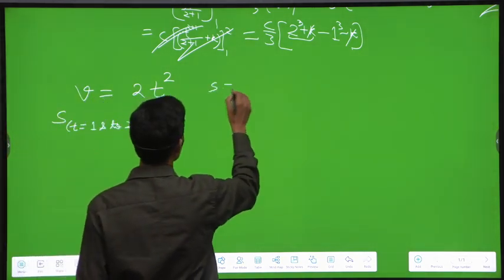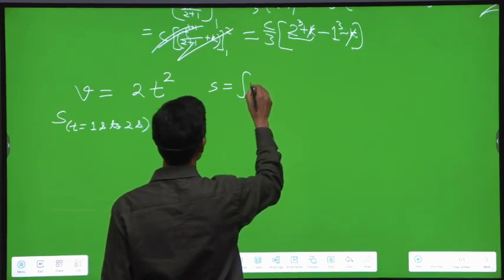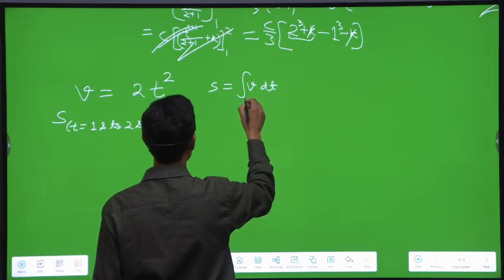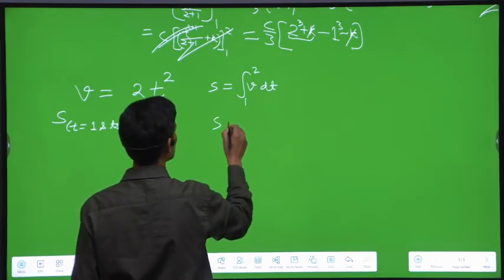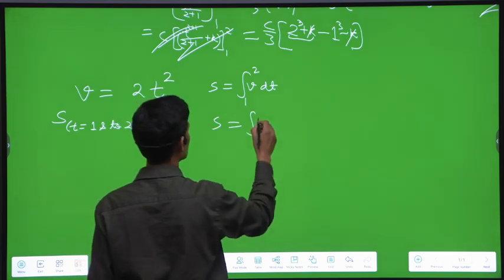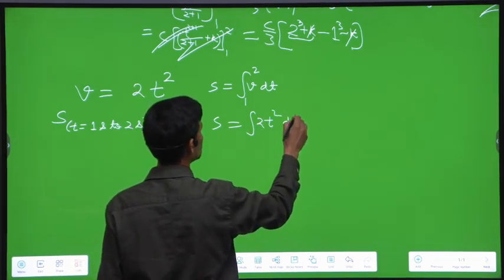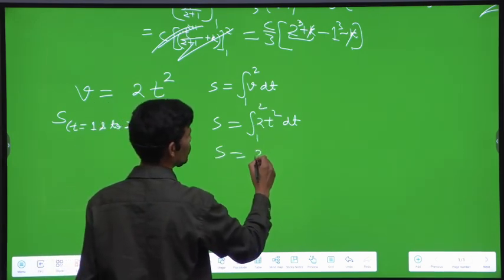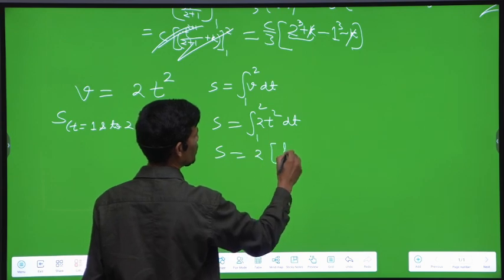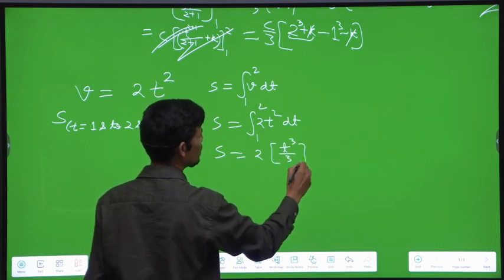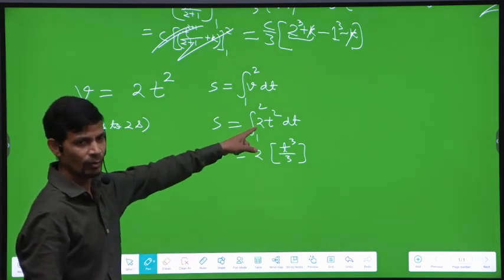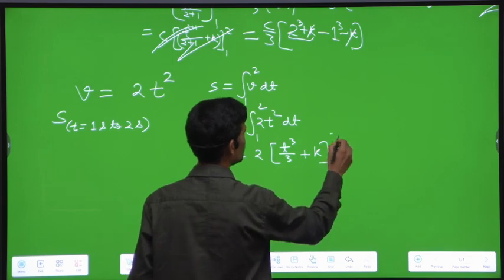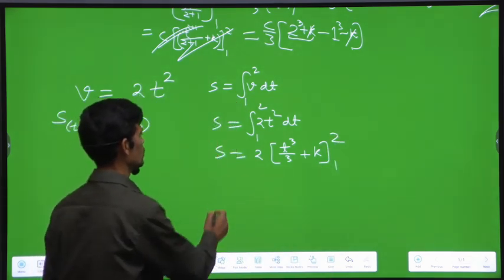So s is equal to integration v dt with limit 1 to 2. So s is equal to integral of 2t square dt from 1 to 2, and then s is equal to 2 taken outside, t cube by 3 because of the formula, plus some constant k, within limit 1 to 2.